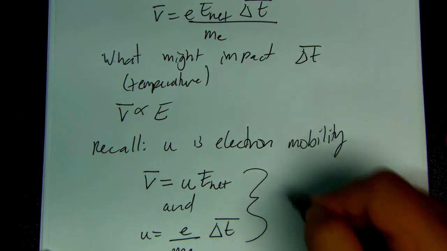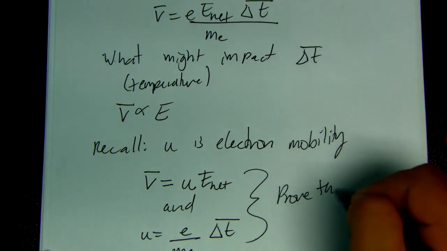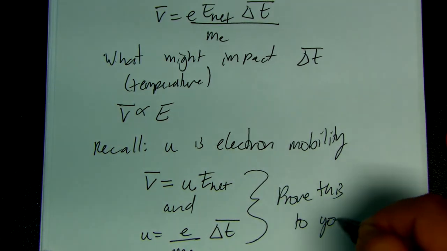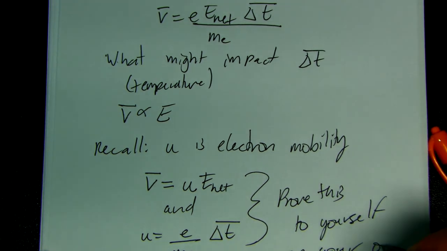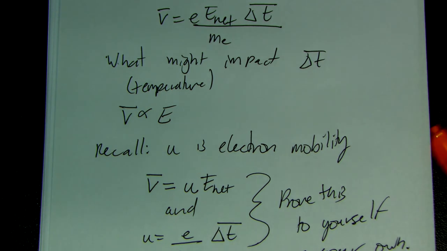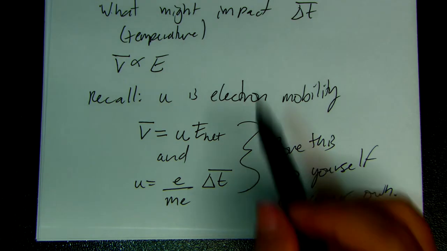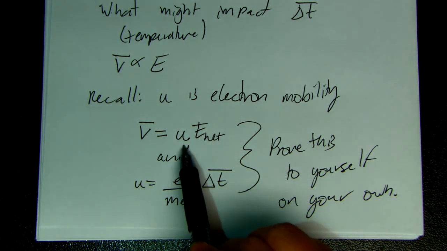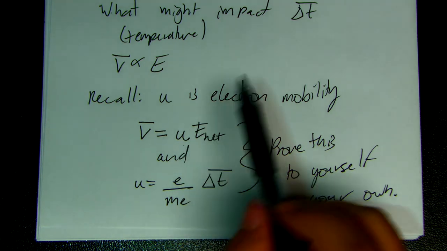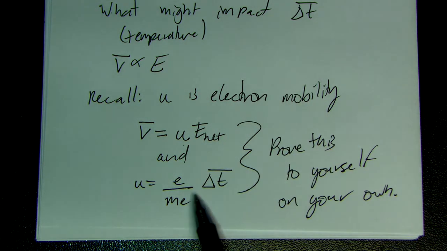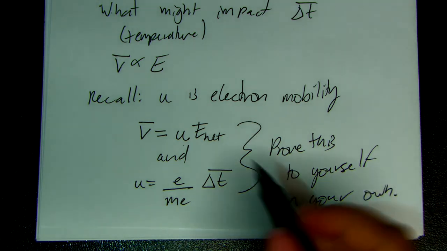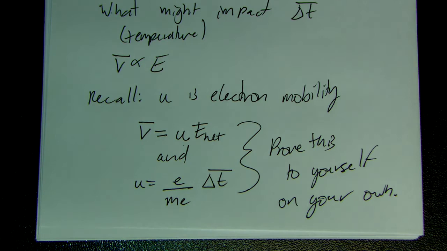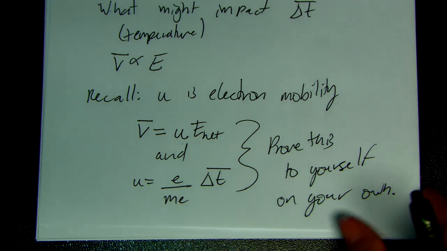I want you to prove this to yourself on your own. So now we've got V bar in terms of the electron mobility constant, and we've got an expression for the electron mobility constant in terms of the equations that are specific to a given metal.